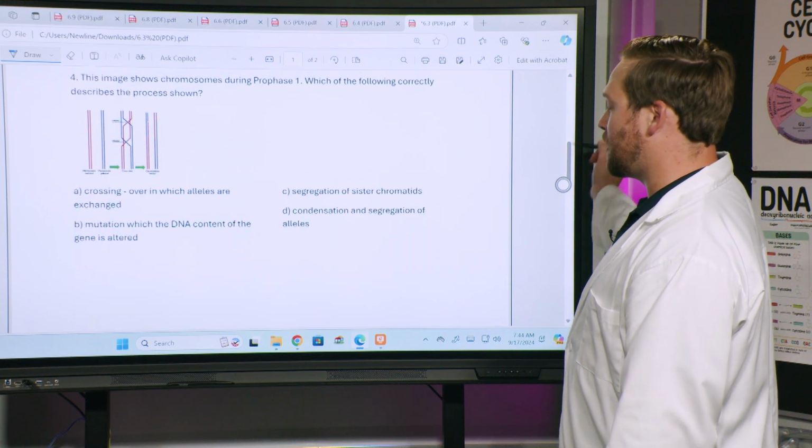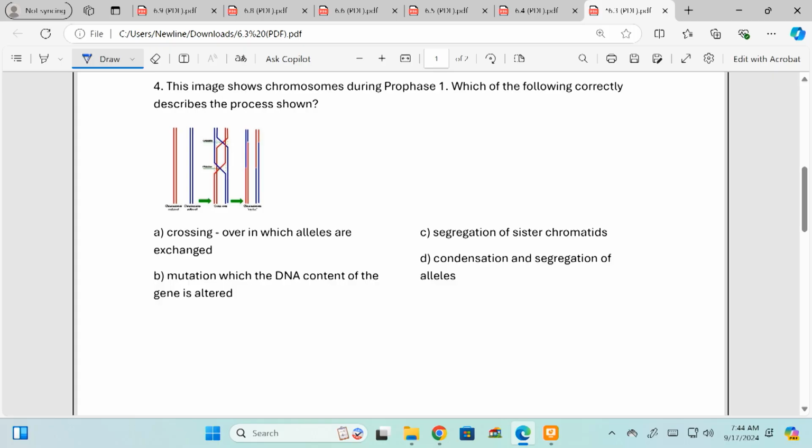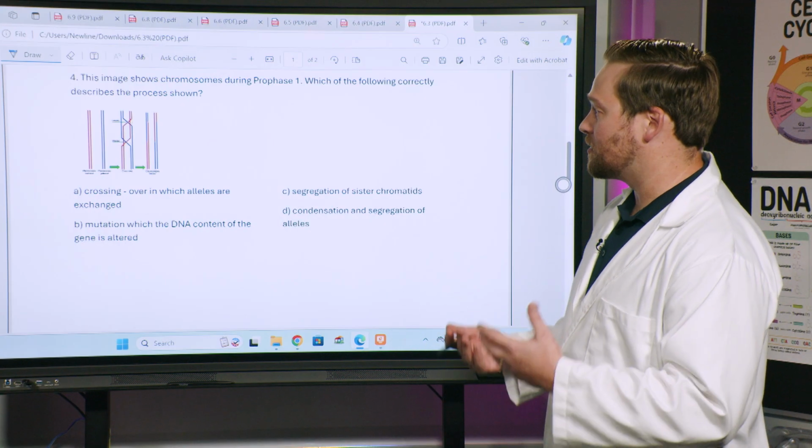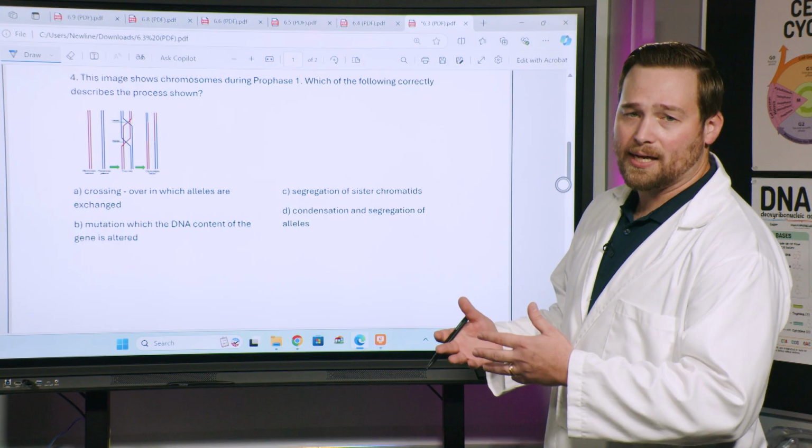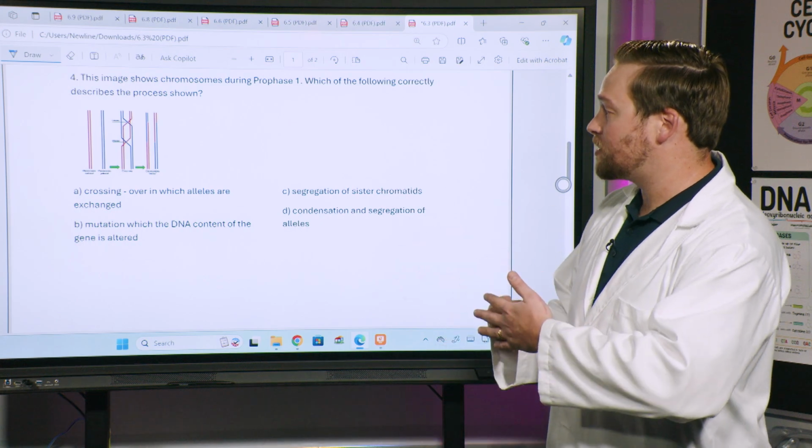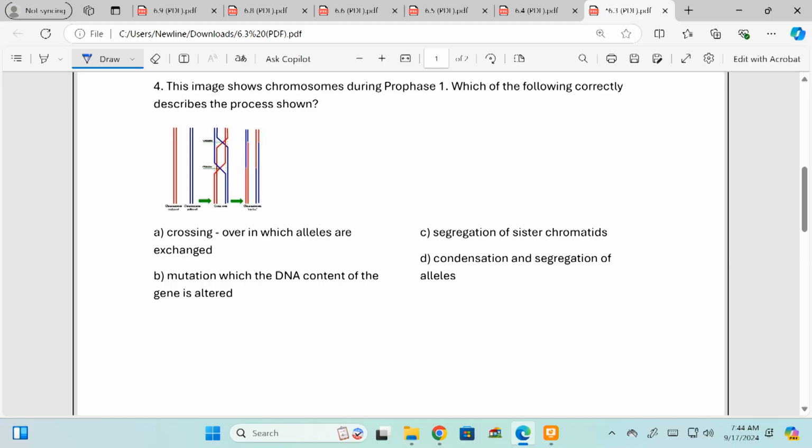All right, so here's number 4. This says, this image shows chromosomes during prophase 1. Which of the following correctly describes the process shown? So what is this called? These homologous chromosomes are lining up, they're swapping genetic material, and at the end they're different than what we started with. What's that process called?